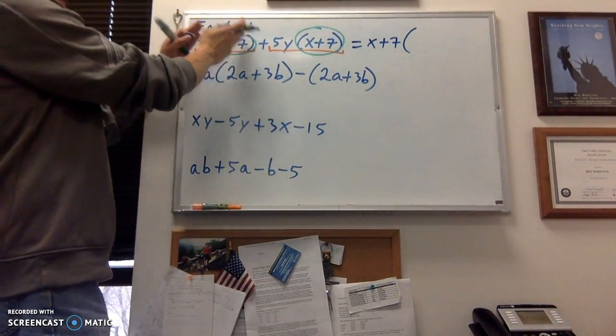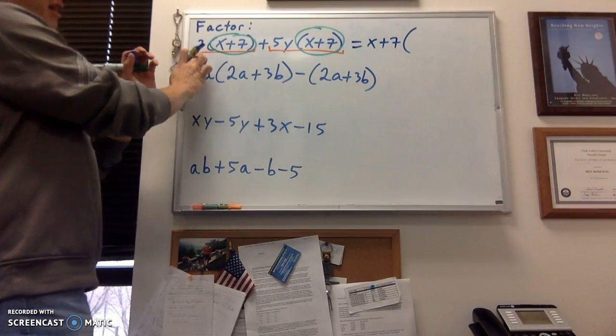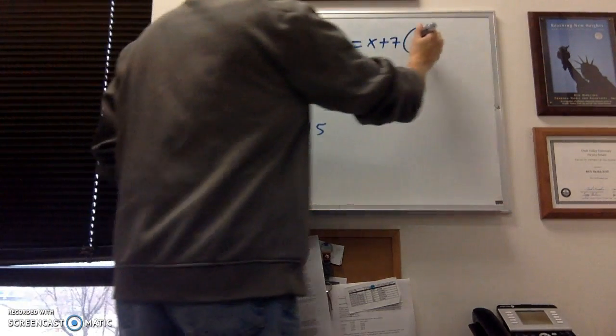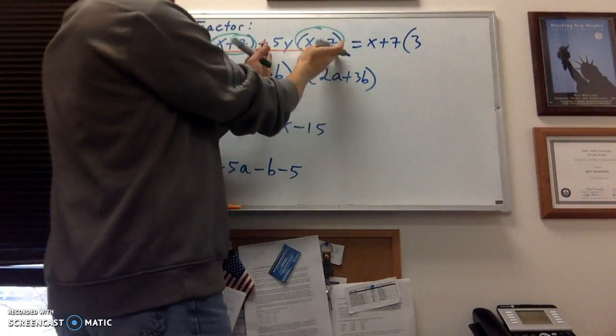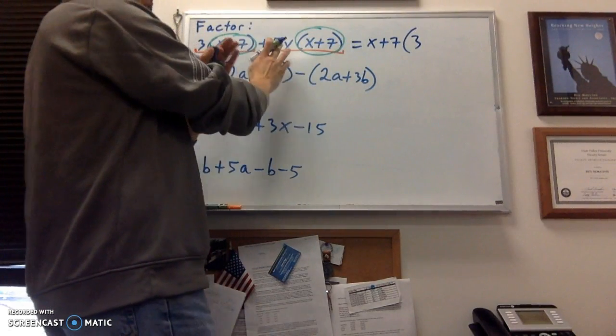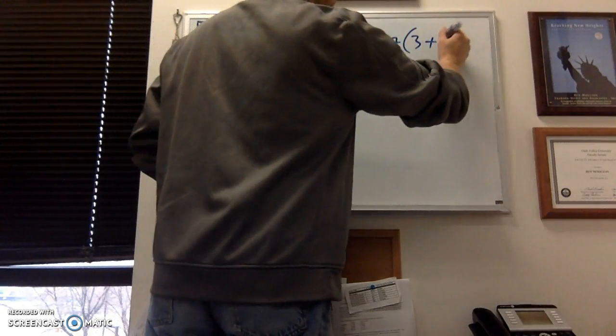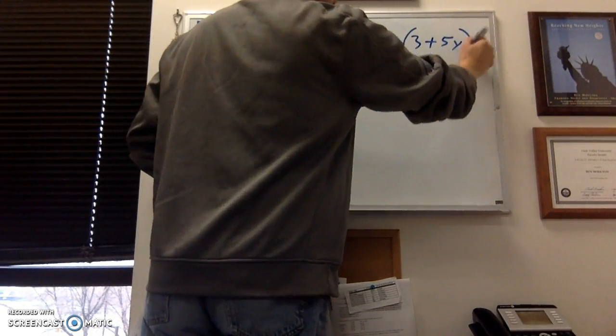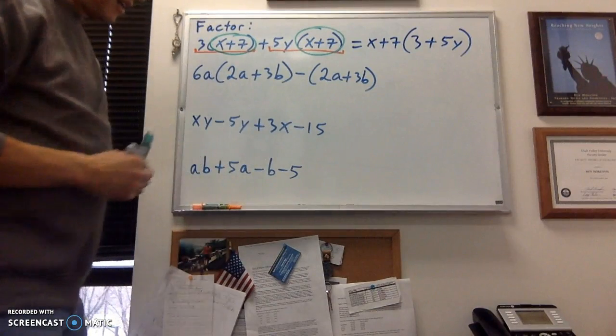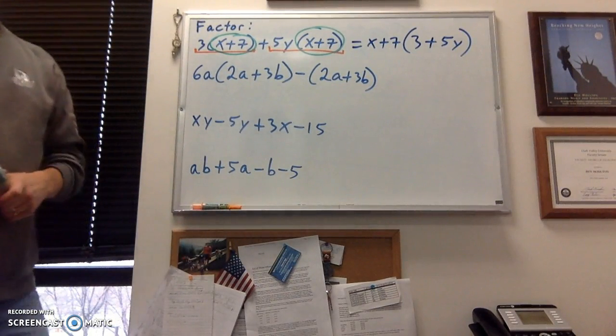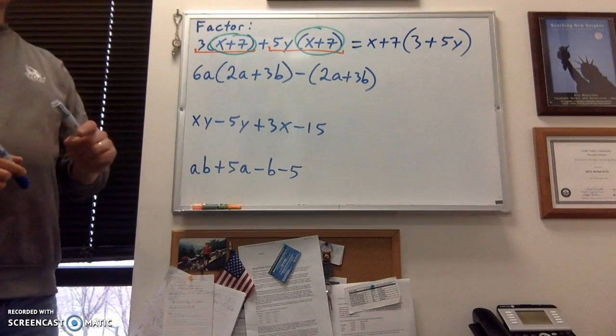In the first term, we pulled out an x plus 7, and that leaves you with a 3. In my second term, I pulled out an x plus 7, and that leaves me with a 5y, plus 5y, if you will. Put parentheses around that. Now, I should have written this actually in red, because the way it's written, it's incorrect.